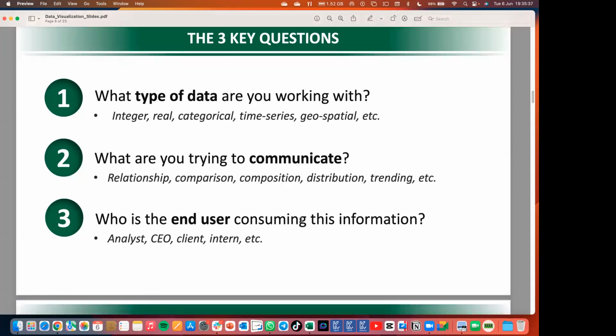So here they give you examples. We have integers, real numbers, categorical data, time series, that is Jan to December, 1st to 31st, Monday to Sunday. Those are time series. Then geospatial: are you using longitude and latitude?